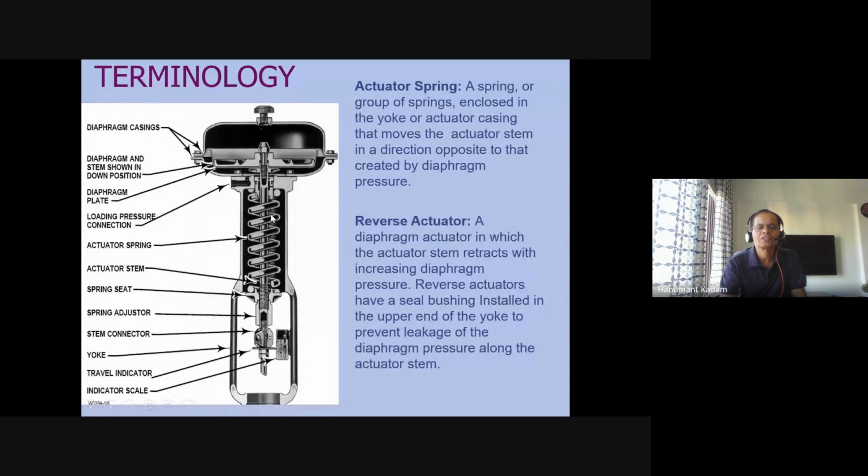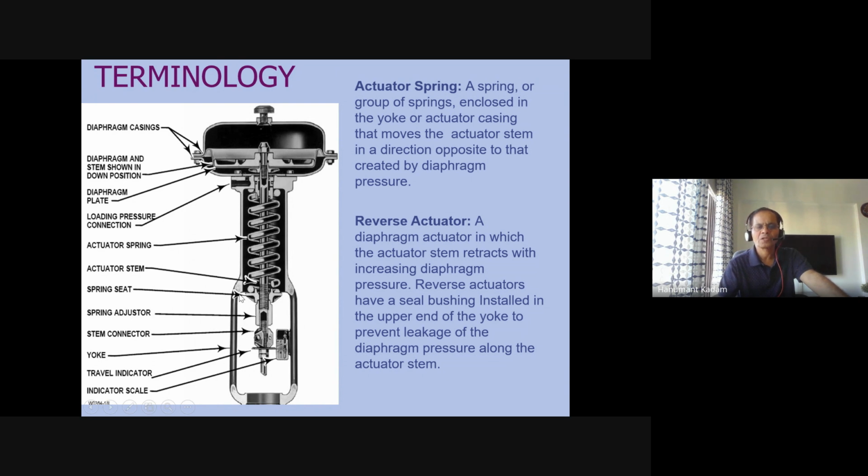Actuator spring: this is the spring used in a control valve when you have to control the pressure. That control depends mostly on the diaphragm and spring. Spring seat, where the spring is fixed at this end. Spring adjuster, stem connector, stem.